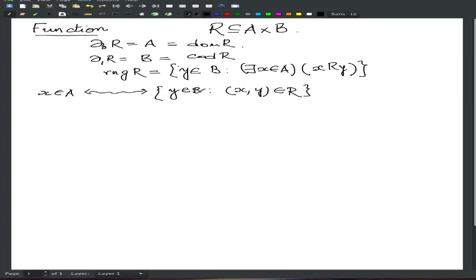Similarly on the other side, for each y in B there exist several x in A which are related to it.